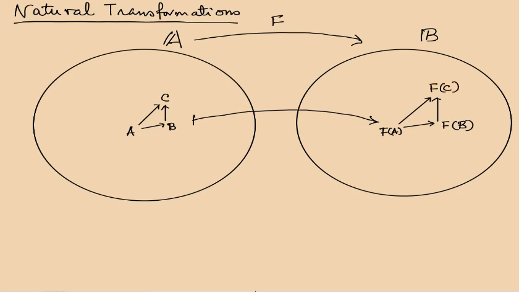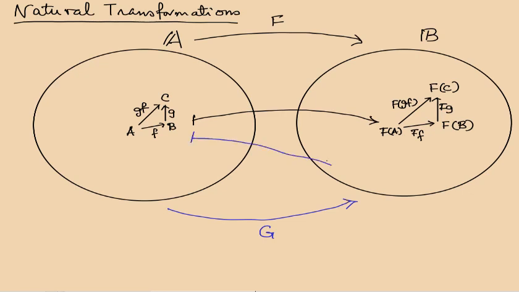And if this is G, this is G composed F, so this is FG, FF, and FGF. Suppose we have another functor also. So this will also map this into another diagram, a similar diagram, right?